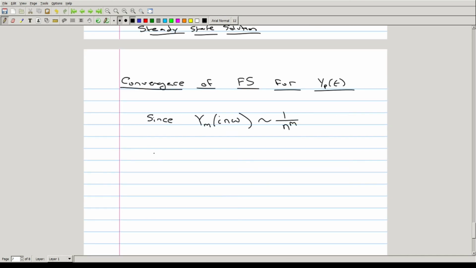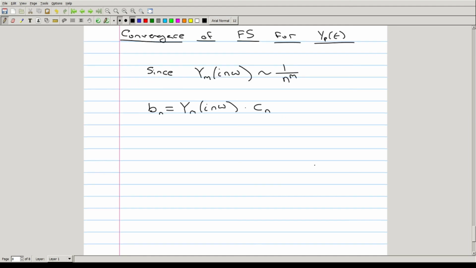Specifically, the Fourier series coefficient B_n is Y_m of i n omega times C_n, and if the Fourier series for the input is on the order of 1 over n to the p, actually will be 1 over n to the k, then B_n is going to be on the order of 1 over n to the m times 1 over n to the k, or on the order of 1 over n to the m plus k.